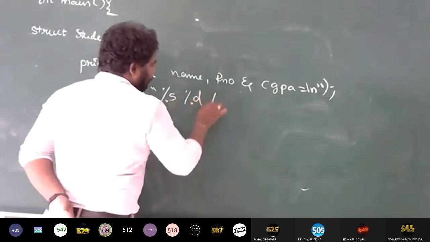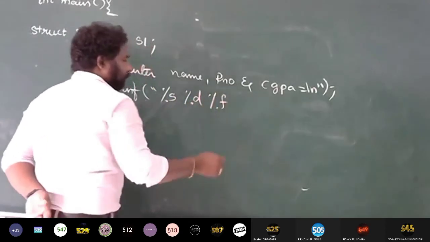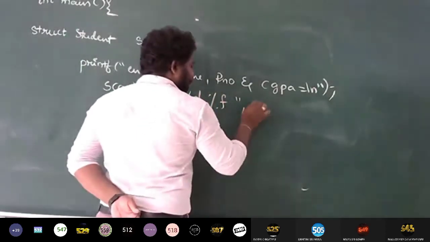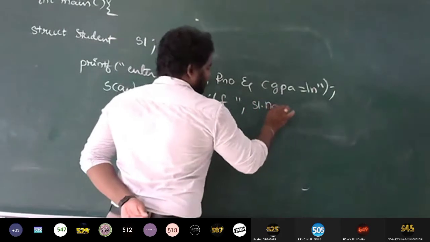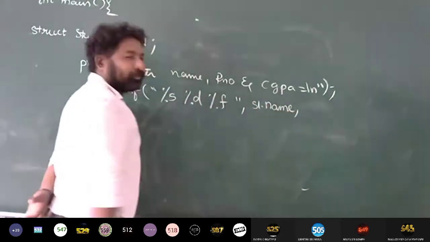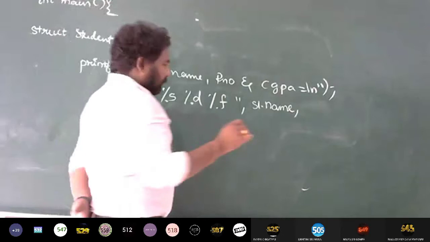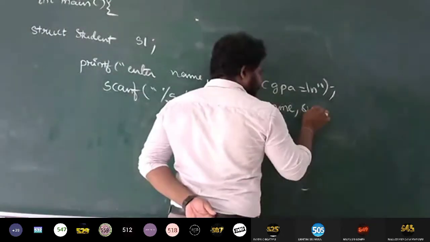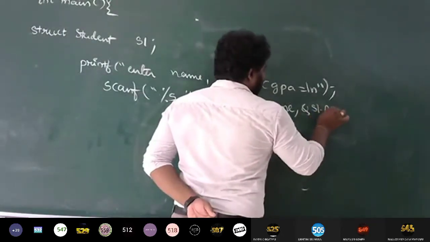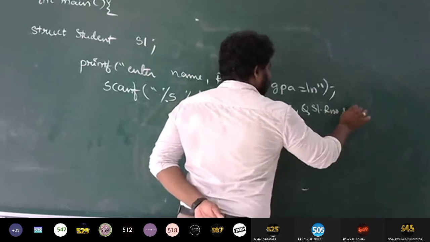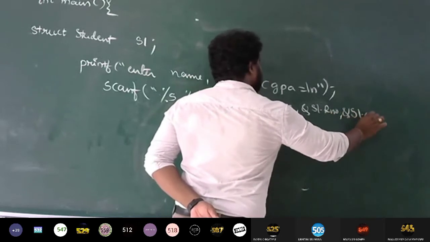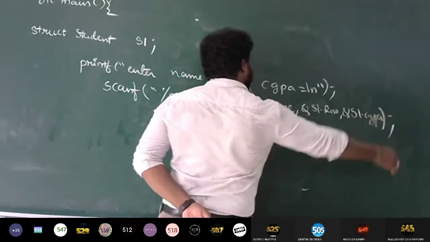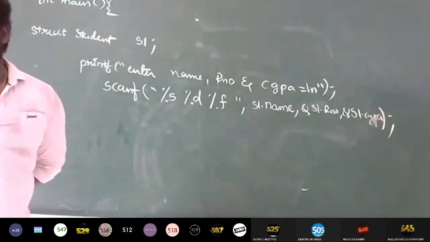Second one is integer, percentage d. Third one is float, percentage f. Then I write s1 dot name. Since this is a string, we don't need the ampersand symbol. And for these two things, I use ampersand s1 dot roll number, ampersand s1 dot CGPA. Right?